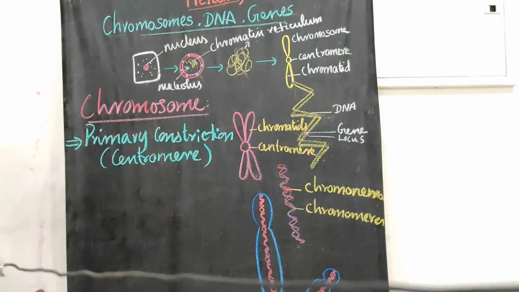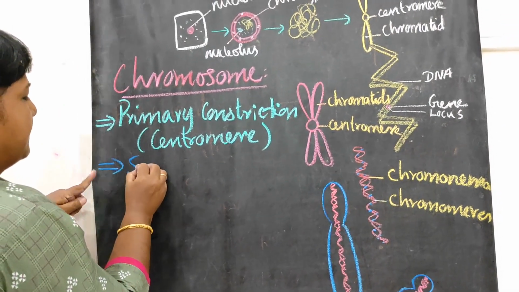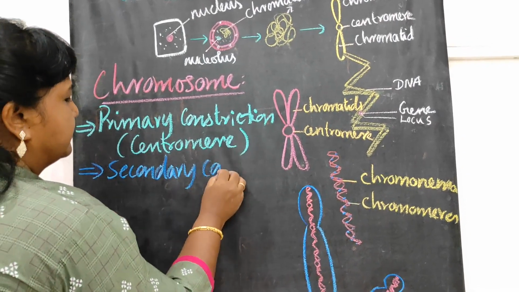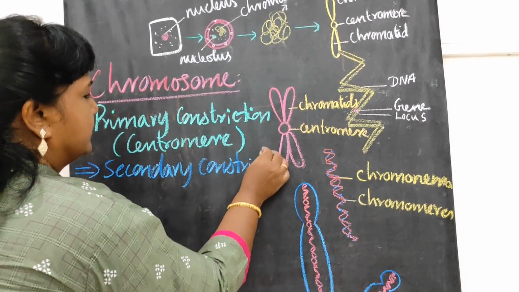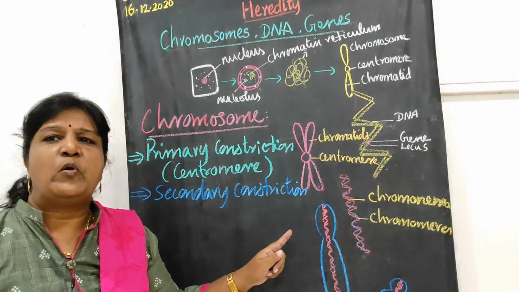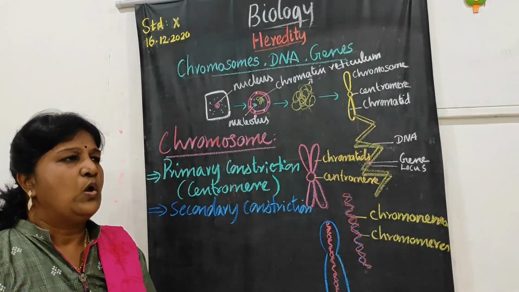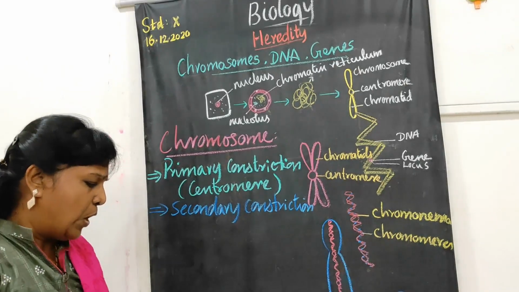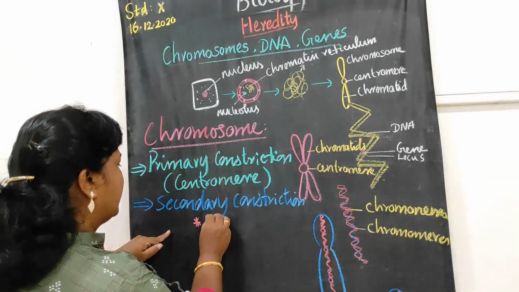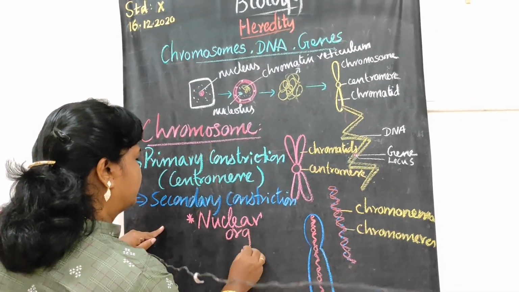The next one is secondary constriction. Some chromosomes possess secondary constriction at any point of the chromosomes and are known as nuclear organizer.